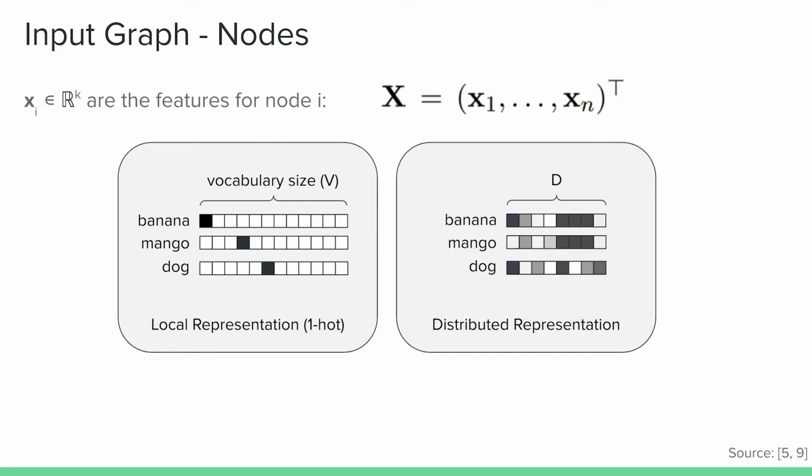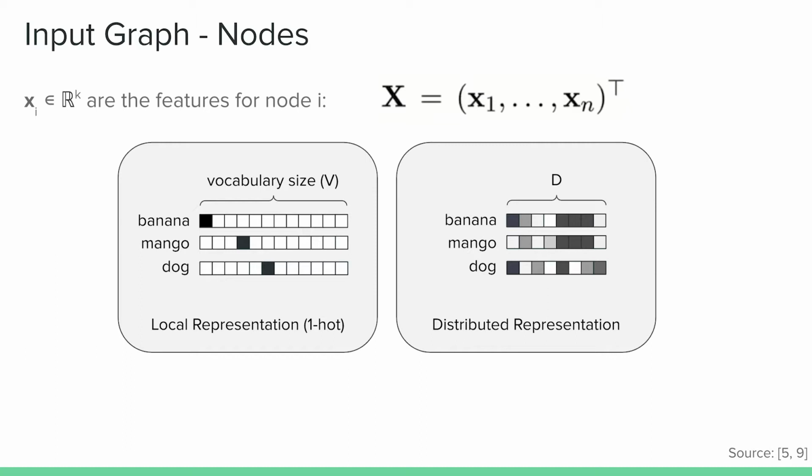Let's talk about this distributed representation. Here's a small sample. What we have already seen sometimes before was this local representation, also called one-hot encoding, where you have your vocabulary size, and one bit or one flag in this vector signals that you have a certain class.